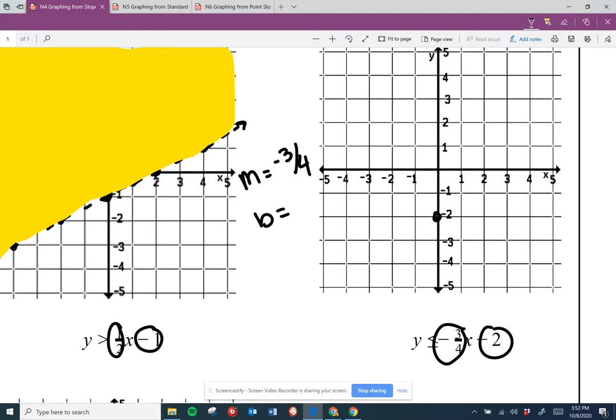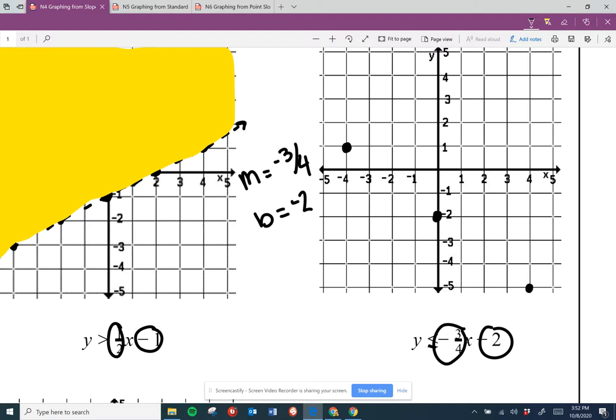So I make my first point there at -2, and then to continue my -3/4 slope, I'm going to go down 3 to the right 4, up 3 to the left 4, okay? I made a mistake here and I accidentally went 5 boxes. I'm going to fix it real quick. Down 3, like that.